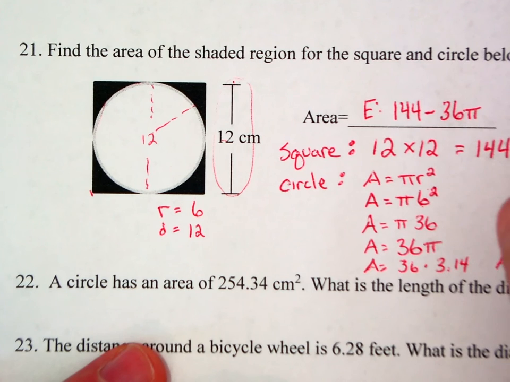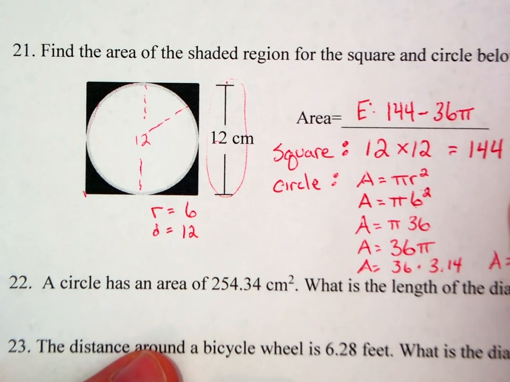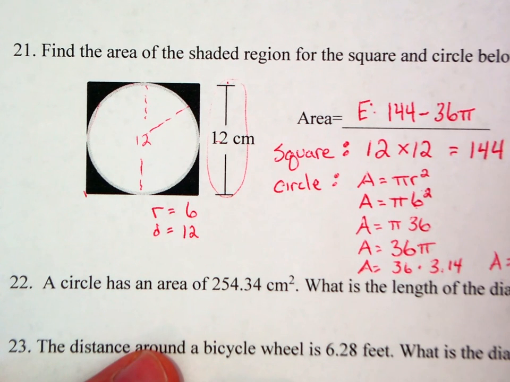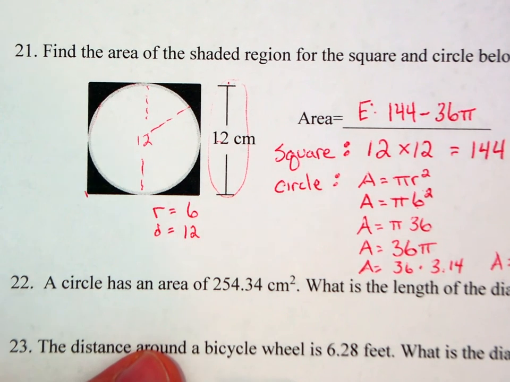So my approximate solution would be 144 minus 113.04, which would equal approximately 30.96.